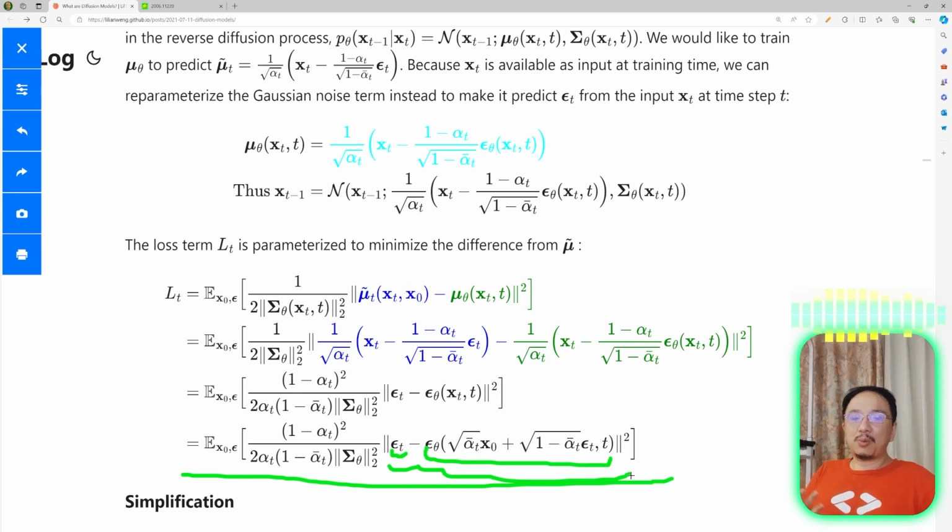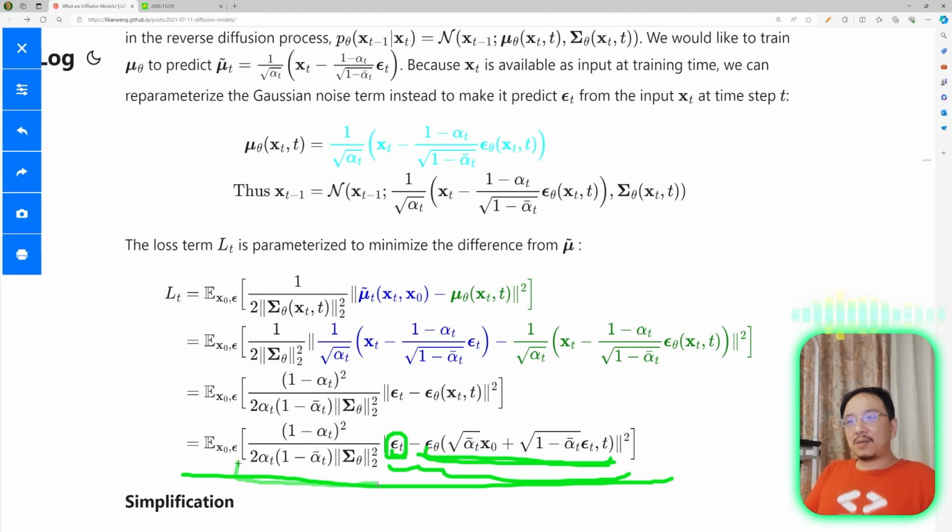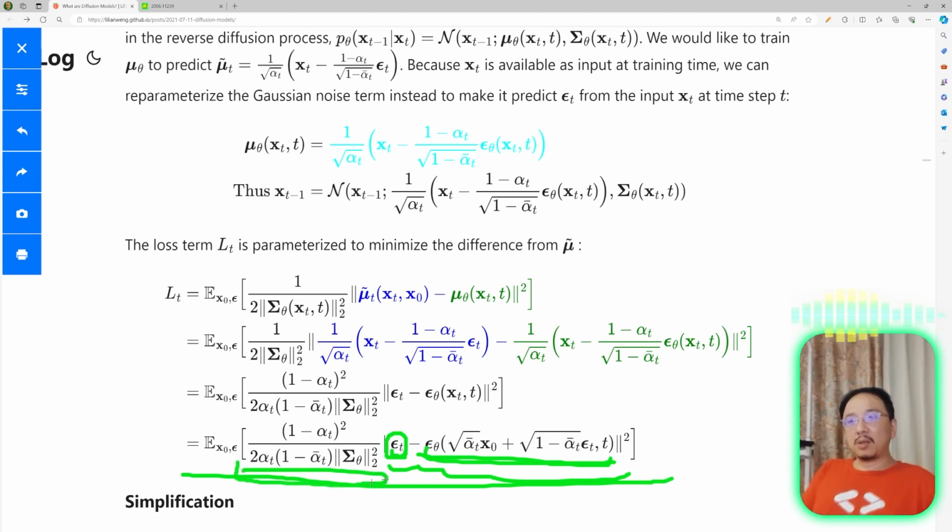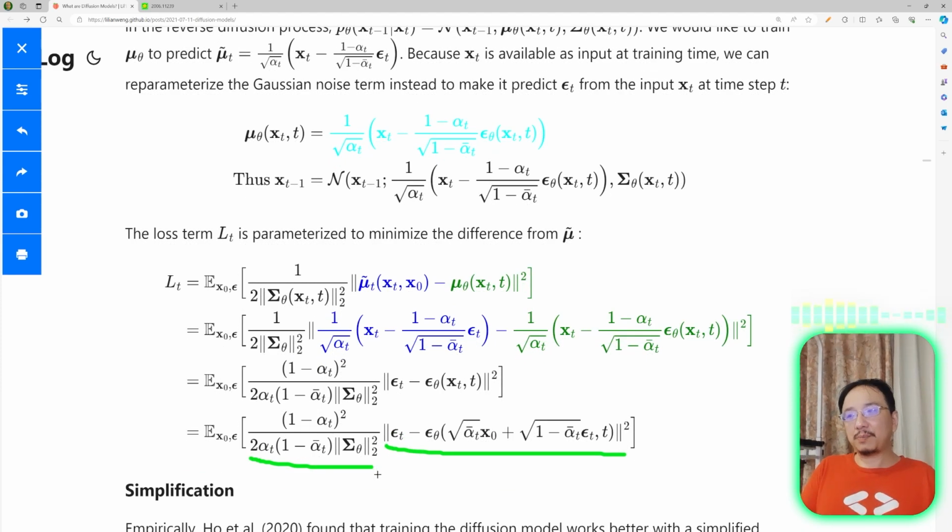So although the computation is very complicated and very long, the result we get is simply the mean square error between the predicted noise and the actual noise. The only difference is that for each step, we have a different weight. So by this formula, the loss of each step has a different weight, depending on the step.